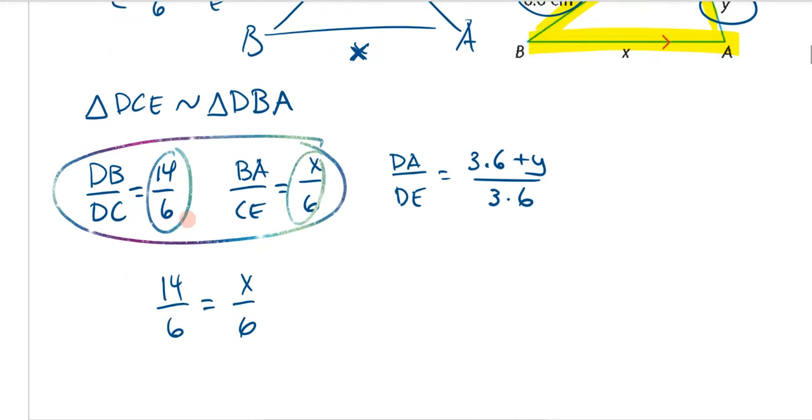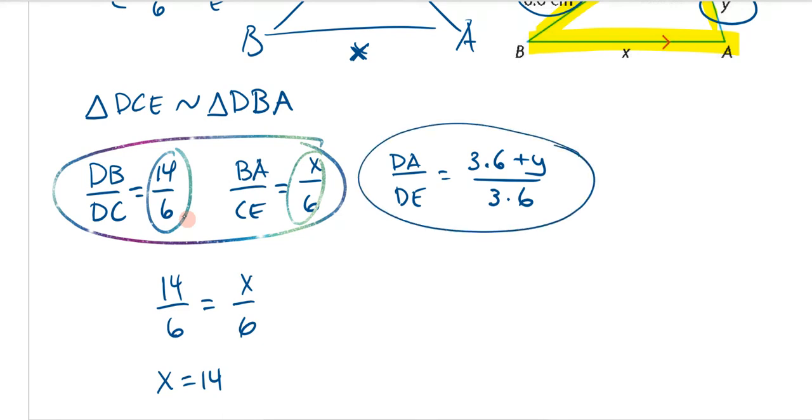Now I have an equation that I can solve for x. x would have to be 14. Similarly, I can pair up this one here with the one I know, 14 over 6. If the scale factor is 14 over 6, that's equal to the other pair of corresponding sides, 3.6 plus y over 3.6. And now I can solve for y.